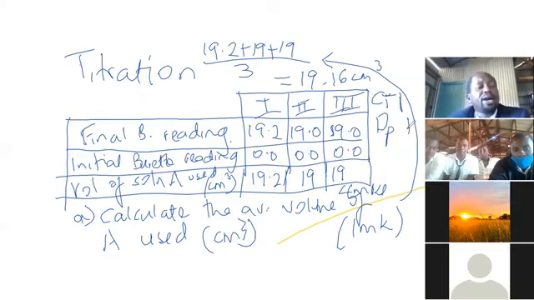Is the candidate aware that when you are given a burette, its calibrations are 0.1 cubic centimeters? So we only consider the first 2 rows where there are readings. Remember, the 3rd row is not a reading. It is a calculation or a subtraction. But the first 2 rows are actually what you read from the burette.